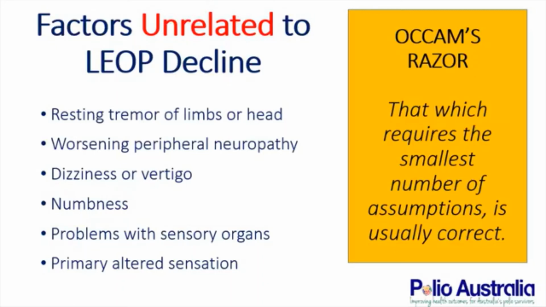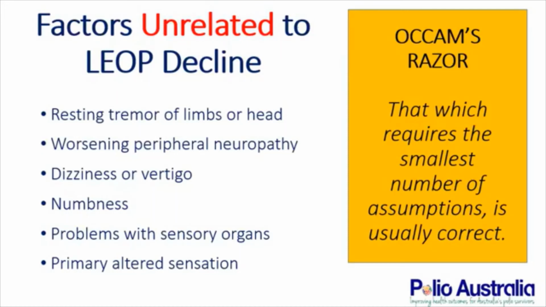And she said, while it is not normal, when there is no other explanation, it was reasonable to assume that the sensation alterations may be attributed to the history of polio. Again, this is not a usual presentation, but just because someone has altered sensation doesn't mean that they cannot have late effects of polio.